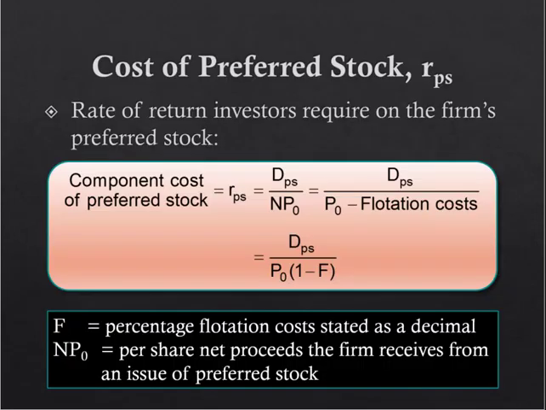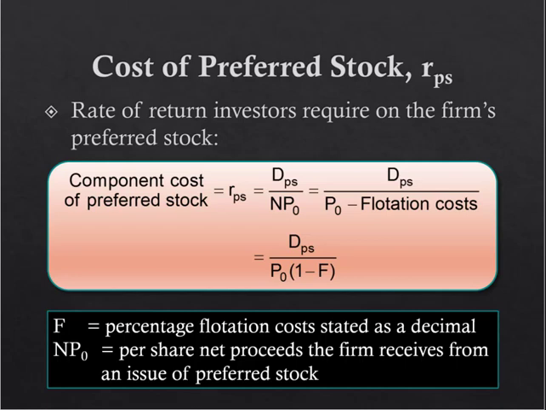The required rate of return on preferred stock is the dividend paid on the preferred stock over the net price of the preferred stock. The net price of the preferred stock is the price at period 0 minus flotation costs.